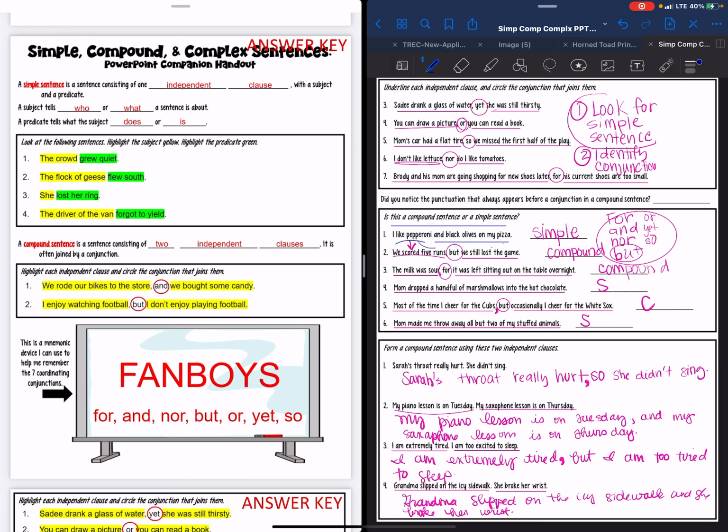It's just saying pepperoni and black olives. So that's a simple sentence. We scored 5 runs, but we still lost the game. So we scored 5 runs. That is a simple sentence because it can stand alone. We lost the game. A simple sentence. It can stand alone. But two simple sentences joined by a conjunction means it is a compound.